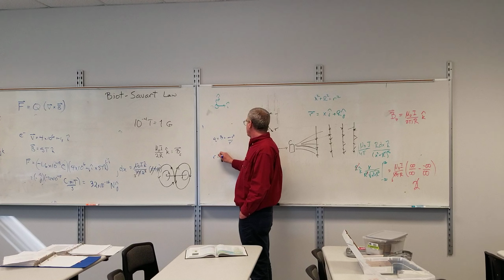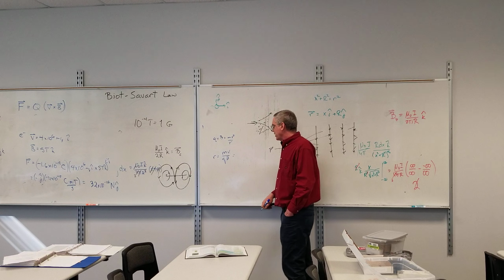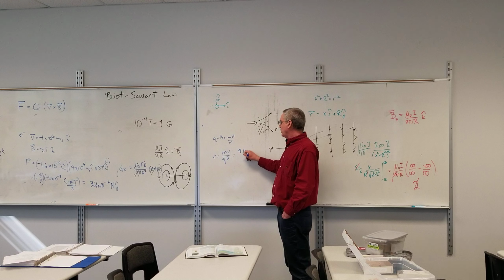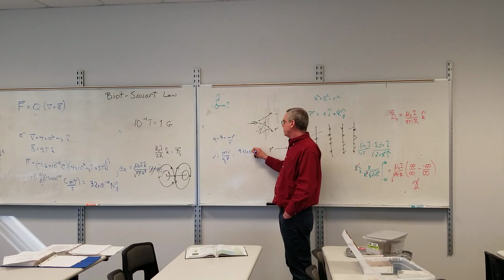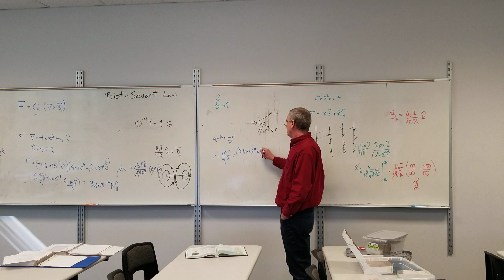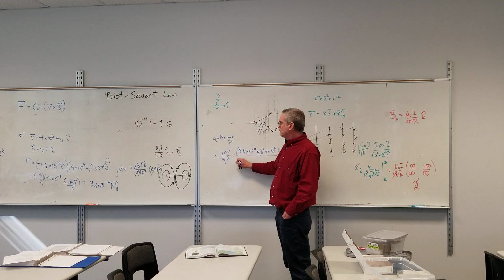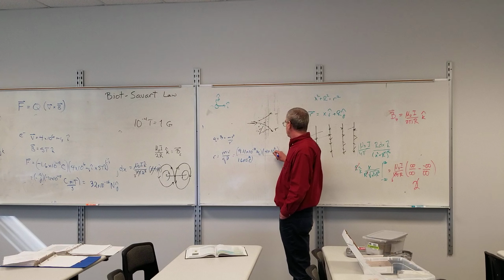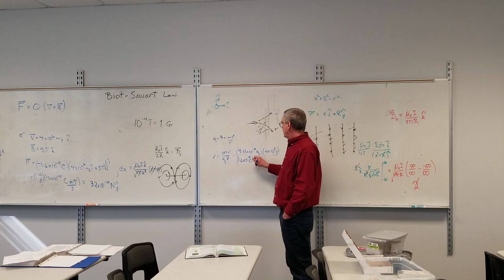So r would be mv over qB. Mass of an electron, 9.11 times 10 to the negative 31st kilograms. One off memory on that one, so I wrote it right. My speed, 4 times 10 to the 6th meters per second. Q, 1.6 times 10 to the negative 19th coulombs. And my magnetic field, 5 Tesla.